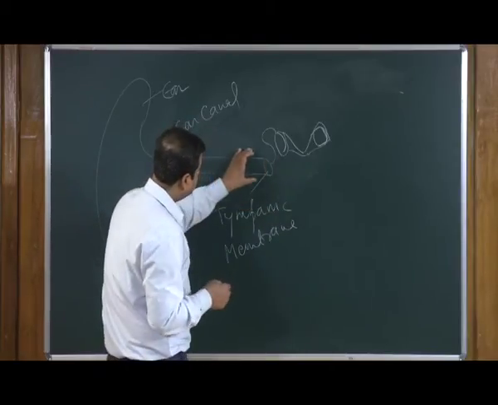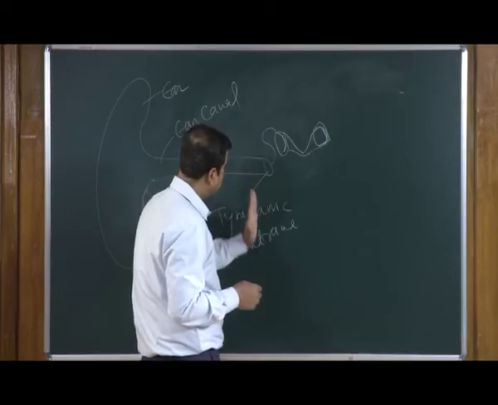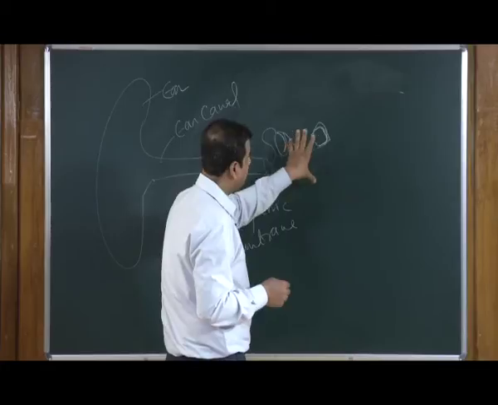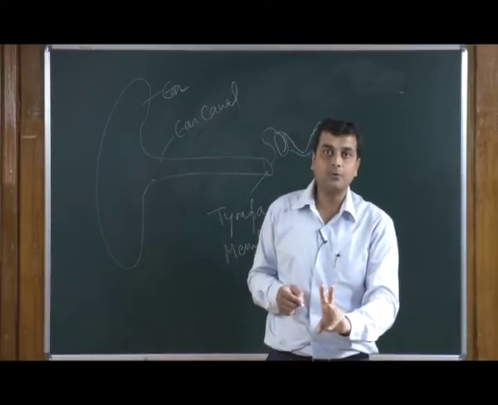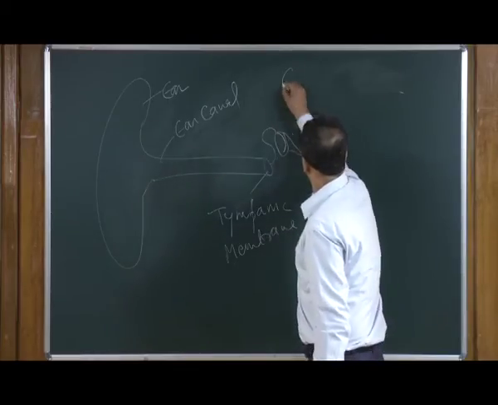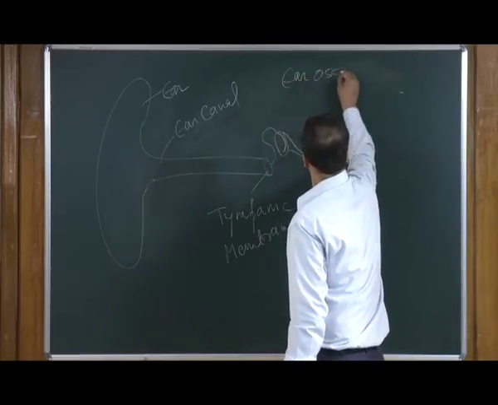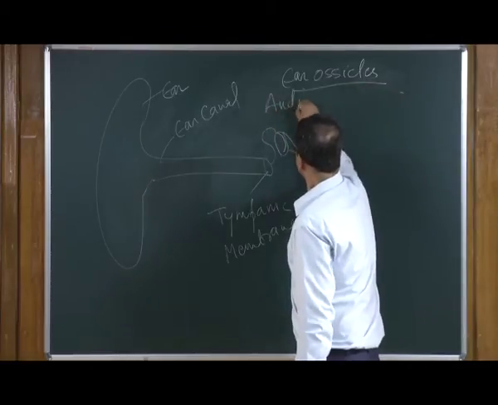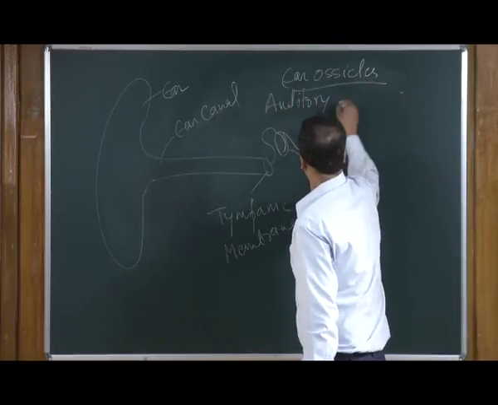Now this ear canal, which terminates into the tympanic membrane, has a connection with 3 bony structures. These 3 bony structures are collectively called ear ossicles. Sometimes they are also called auditory ossicles.